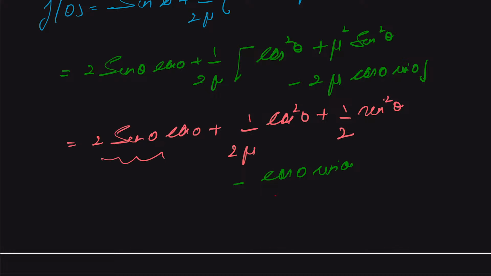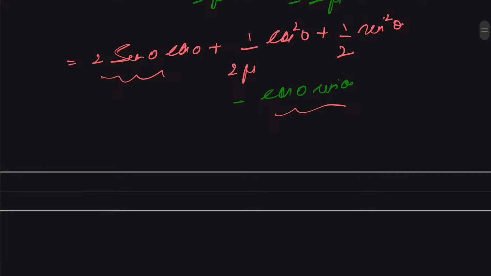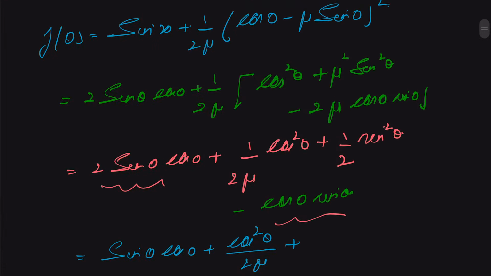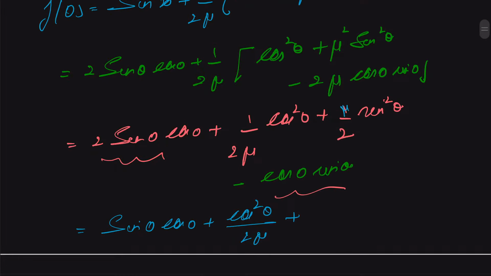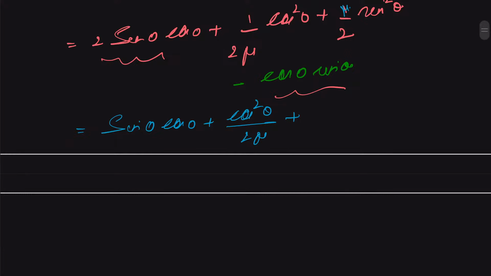These two terms we can combine, and this gives us sine theta cos theta plus cos squared theta divided by 2 mu plus, mu is left here because it is squared, mu by 2 sine squared theta. So this is our f of theta.